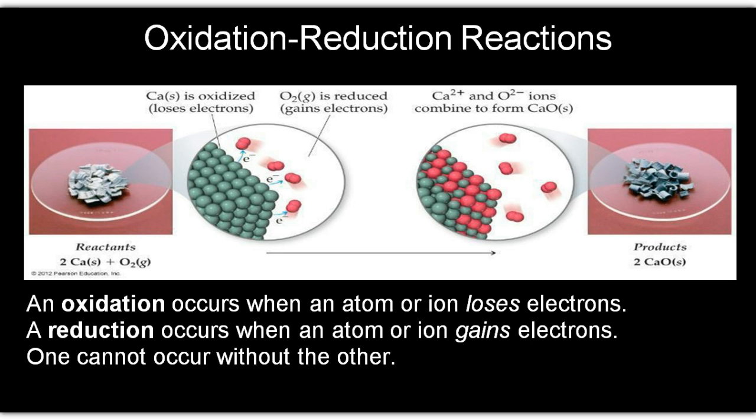We have to determine these things experimentally, but basically what we're looking at is this whole Leo says Ger. You may have learned that in your first chemistry class. What that refers to is losing electrons is oxidation, gaining electrons is reduction, and this is what drives a lot of reactions, or one of the things that can drive a reaction.